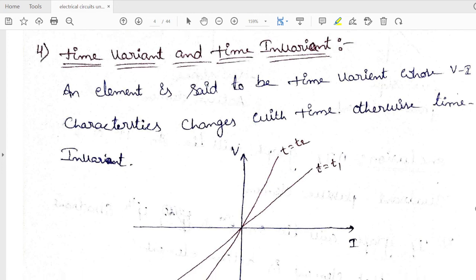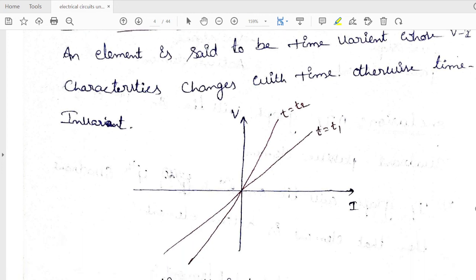Let us try to understand with the example. See, if I draw the VI curve at t equal to t1, I got a curve like this. Okay. Now again I am taking voltage and current readings at time t equal to t2.